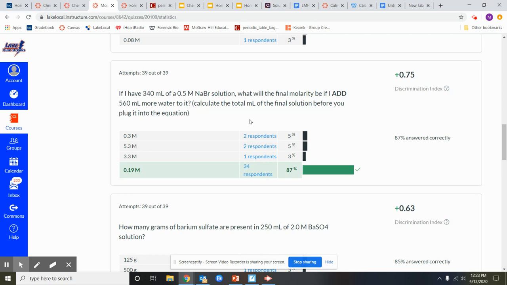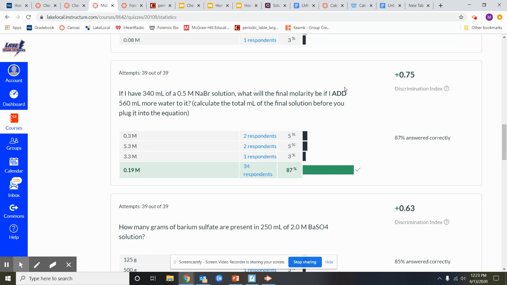Just plug your numbers in. Your initial molarity is 0.5, and your initial volume is 340 milliliters. Milliliters is totally acceptable in terms of volume, so you don't have to convert anything here. So you have 0.5 times 340 equals, and it's asking me to solve for M2.